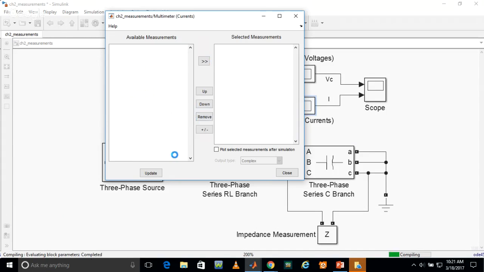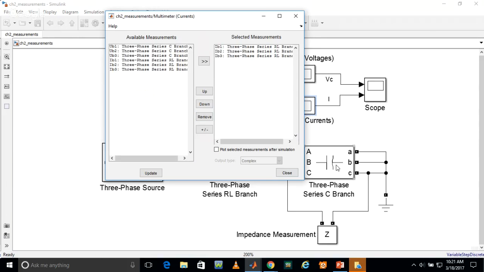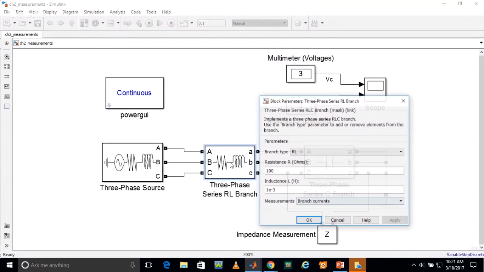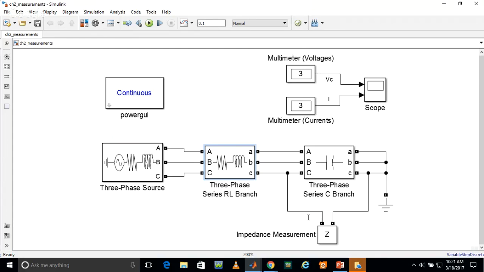For example, the C branch contains the three-phase voltages UB1, UB2, and UB3. Similarly, in this circuit, for the three-phase series RLC branch we have selected the branch current measurement. So there will be three currents, IA, IB, IC, and the three-phase series C branch is providing three voltages, VA, VB, VC.